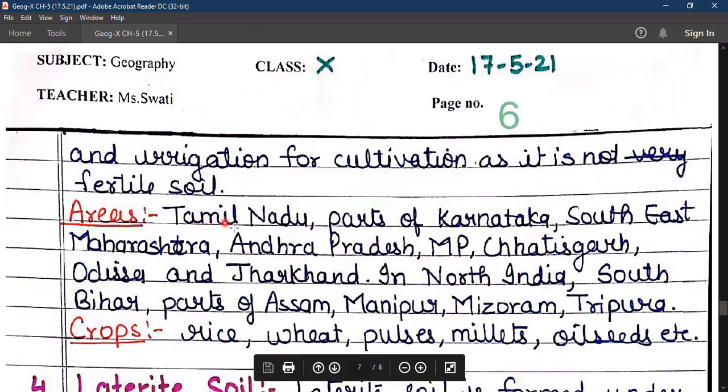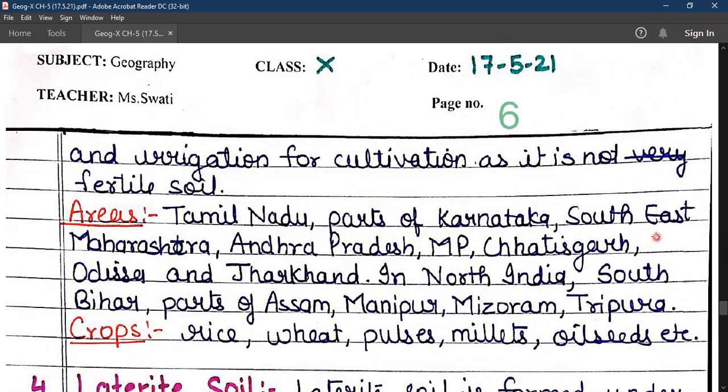Red soil is found in Tamil Nadu, parts of Karnataka, southeast Maharashtra, Andhra Pradesh, Madhya Pradesh, Chhattisgarh, Odisha, and Jharkhand.